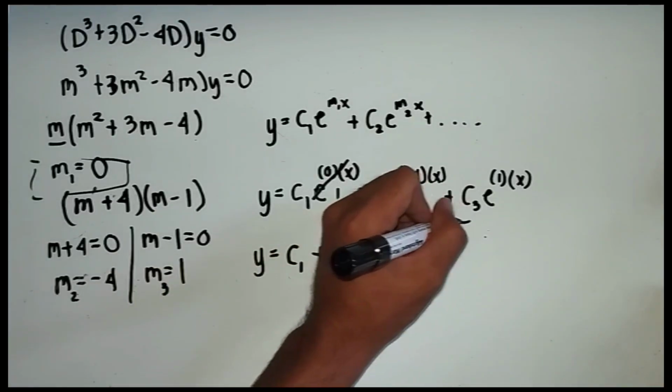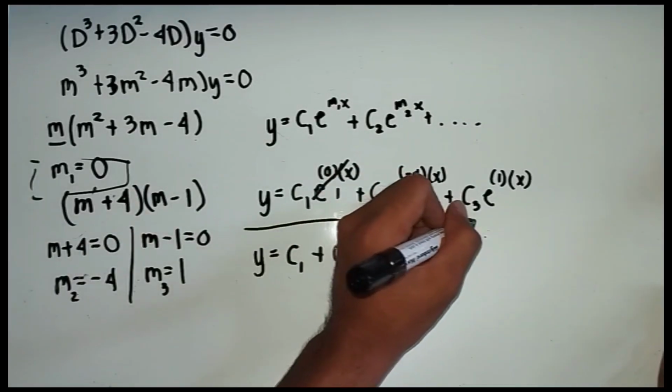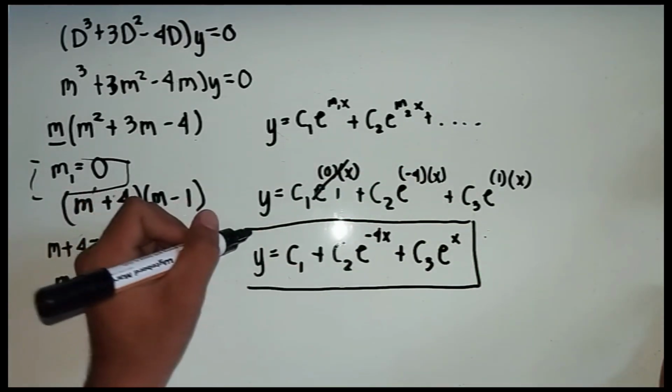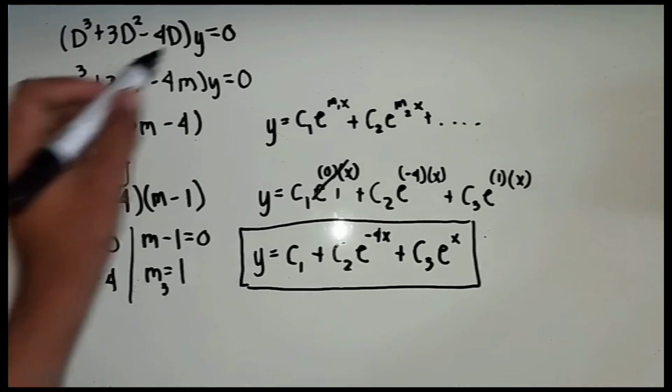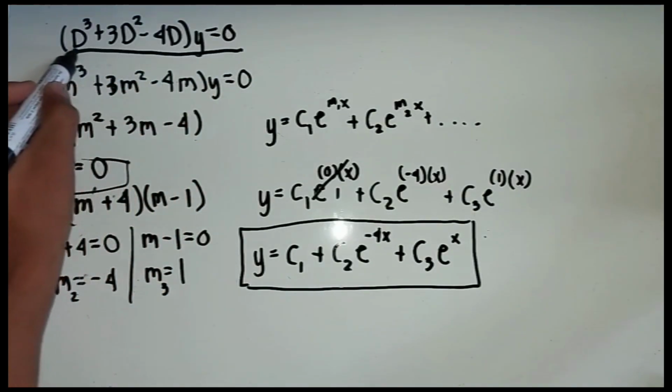So this is our solution for the auxiliary equation in distinct roots for this equation.